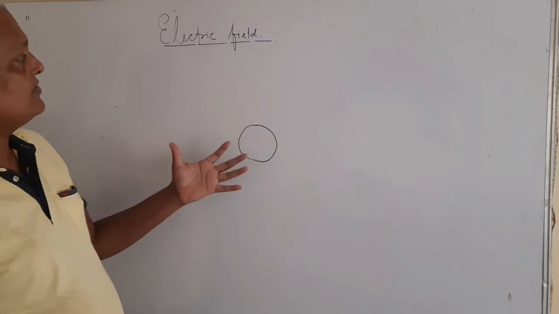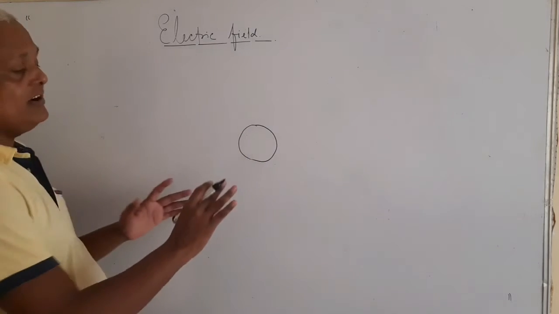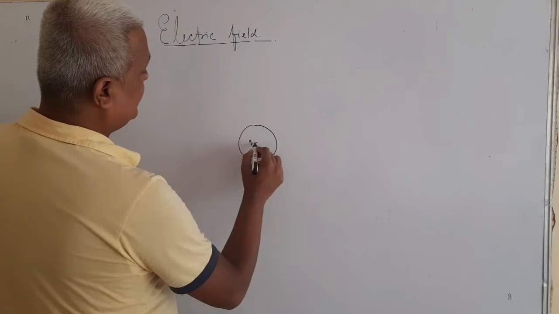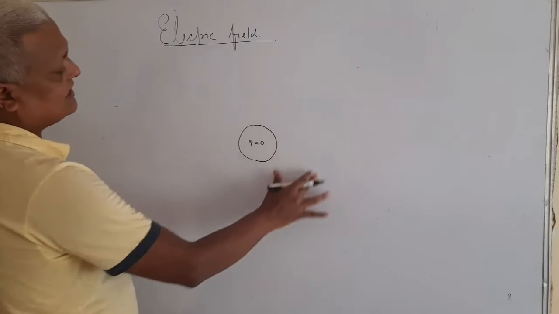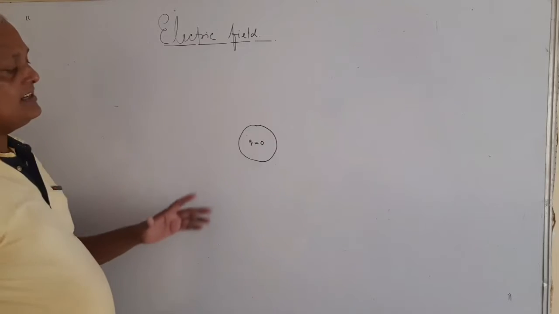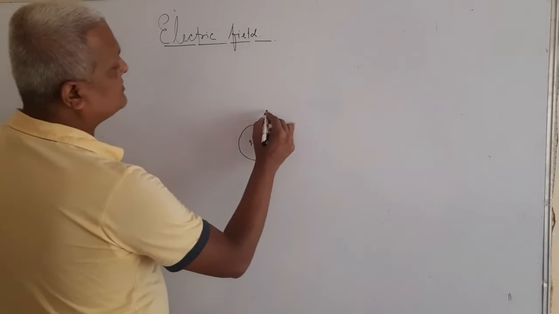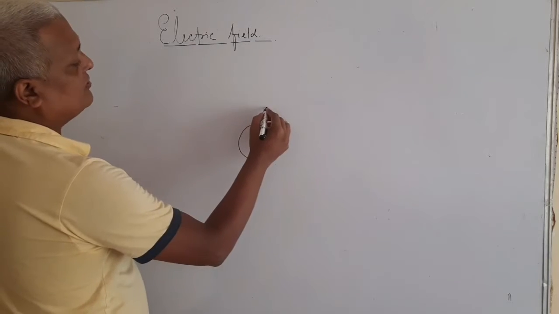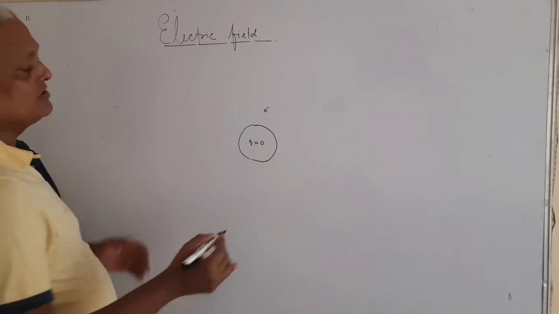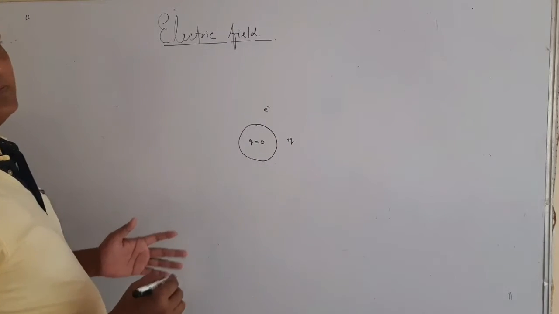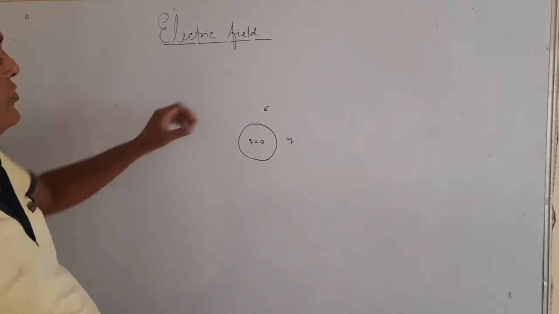This is the nature of the substance, but right now it has no charge, meaning Q is 0. It means the space around here does not have any electric field, meaning nothing will happen. Suppose an electron comes here, it will not experience any force. If another charge Q comes, it also will not experience any force.